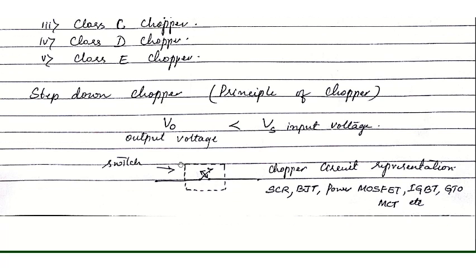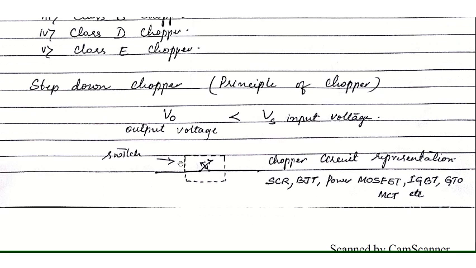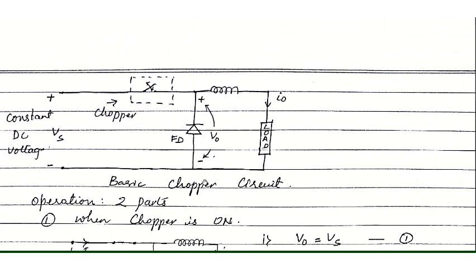Let us understand the step down chopper circuit. In order to have this step down chopper circuit, first we need a constant DC voltage, the input voltage, which is our Vs here.